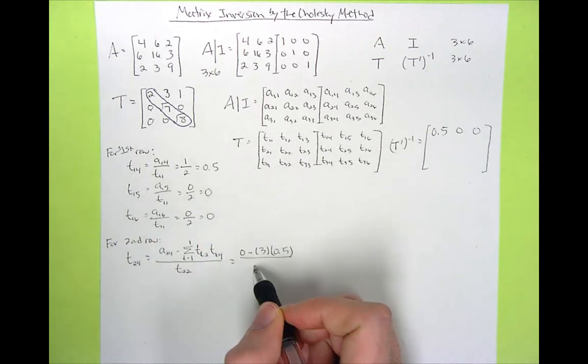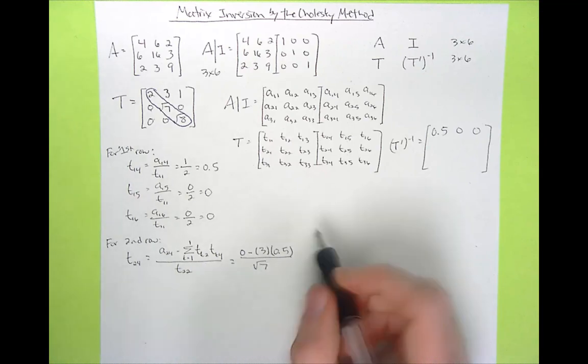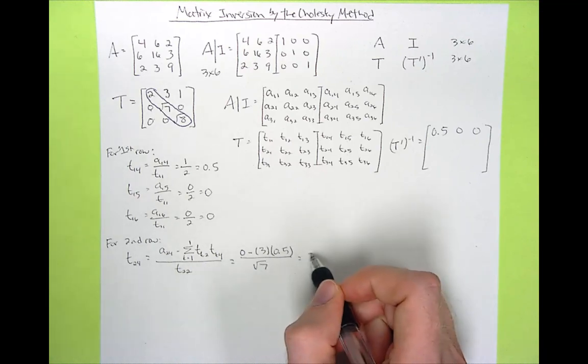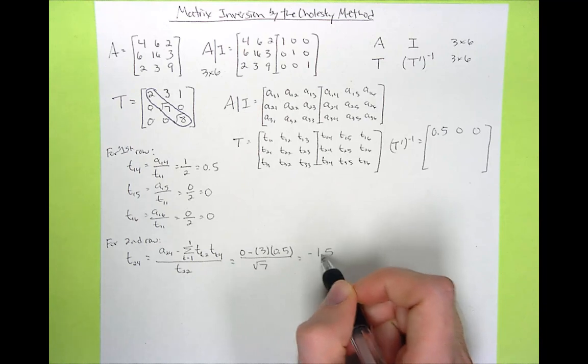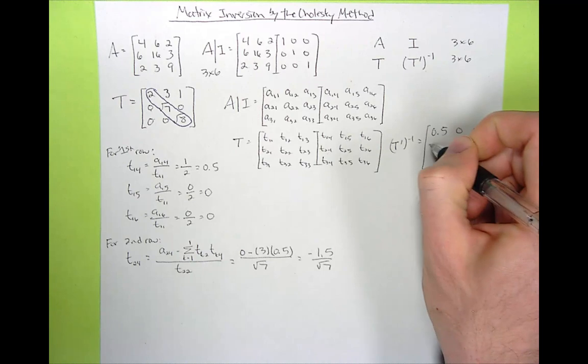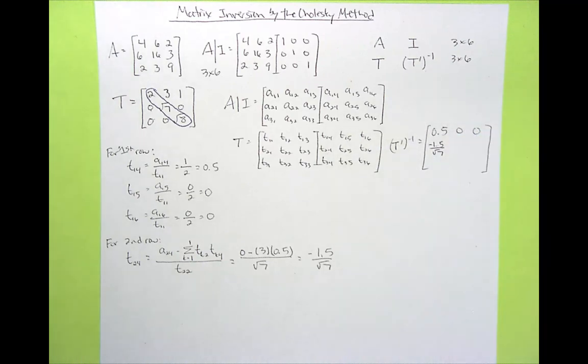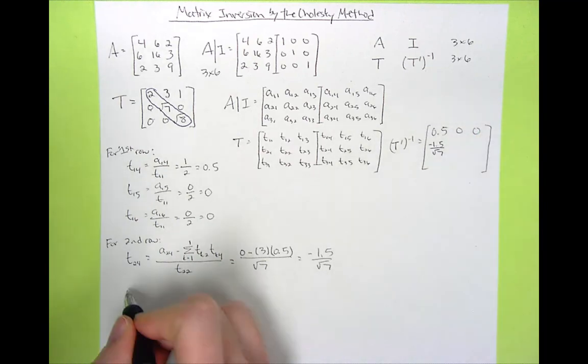And like I said, that is over the square root of 7. This is going to equal negative 1.5 over the square root of 7. So we can put that in here, negative 1.5 over square root of 7. Okay, so let's find T25.